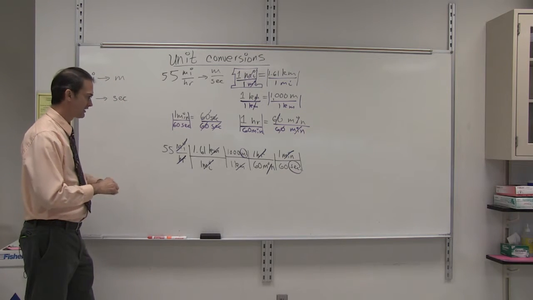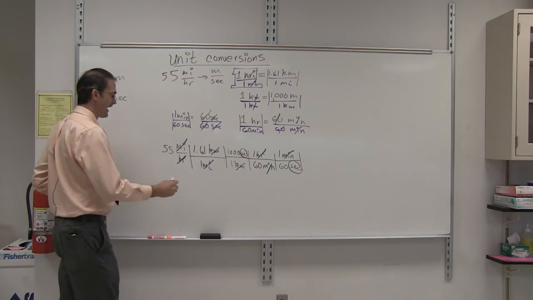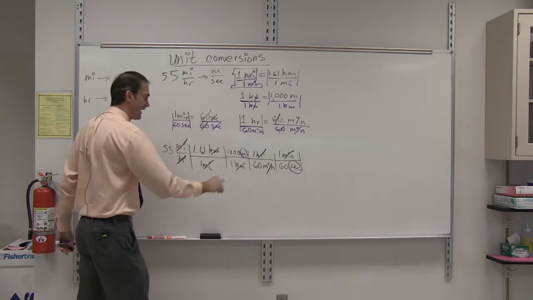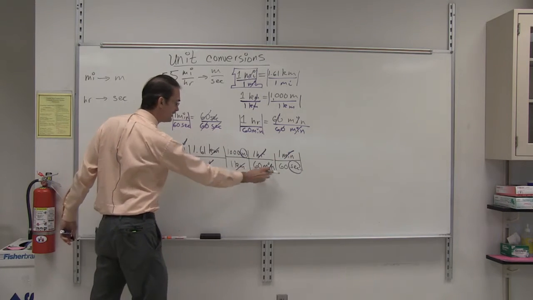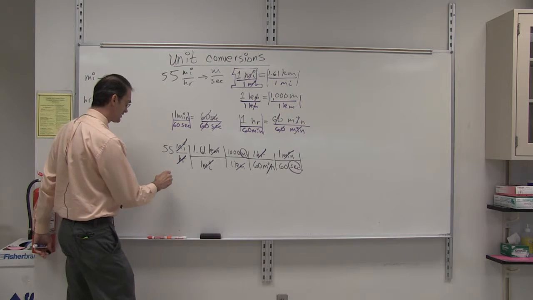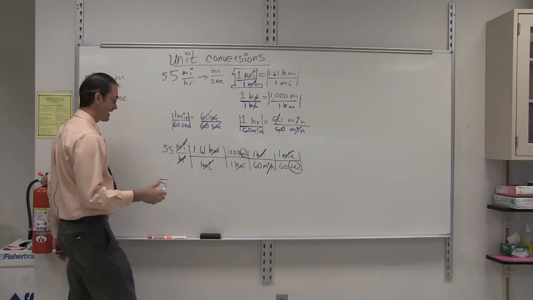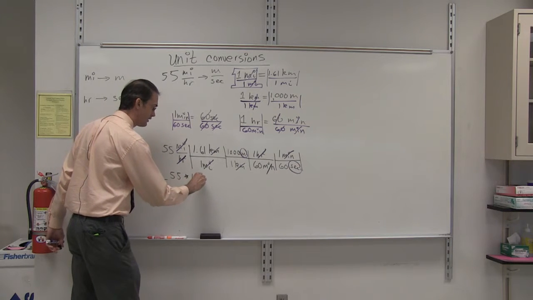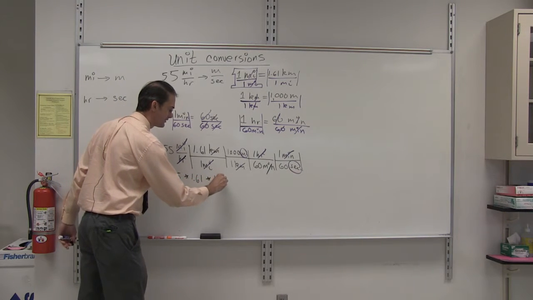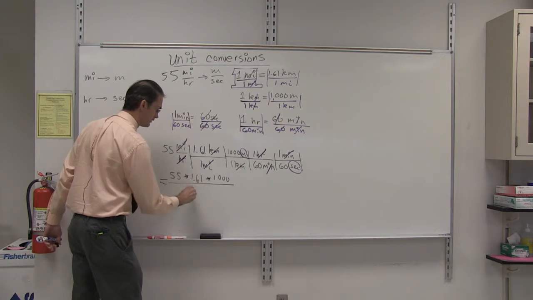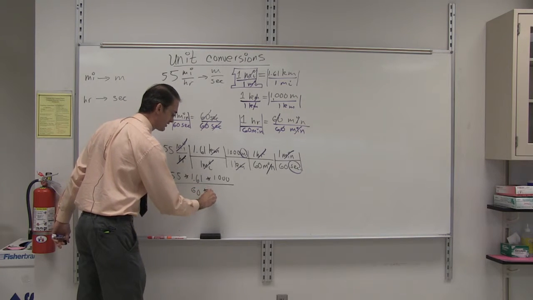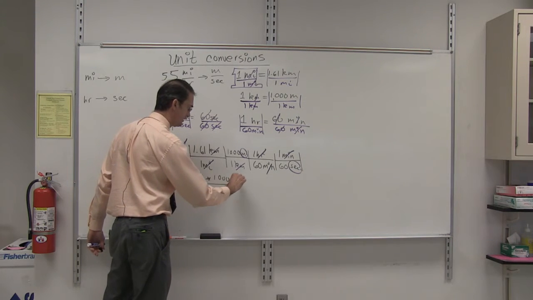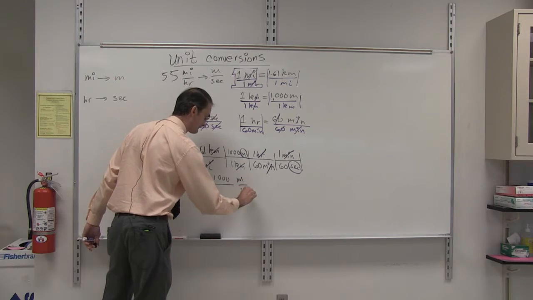Now to complete the calculation, what I simply do is I multiply straight across, and then I divide by each individual element downstairs. I can do this in a calculator as follows. 55 times 1.61 times 1,000 all over 60 times 60, and my result then will be in meter over second.